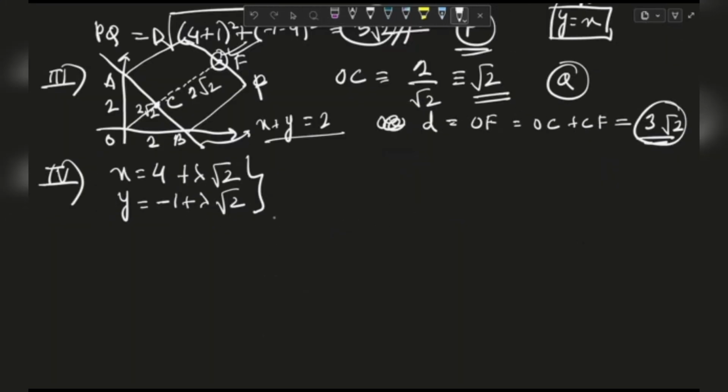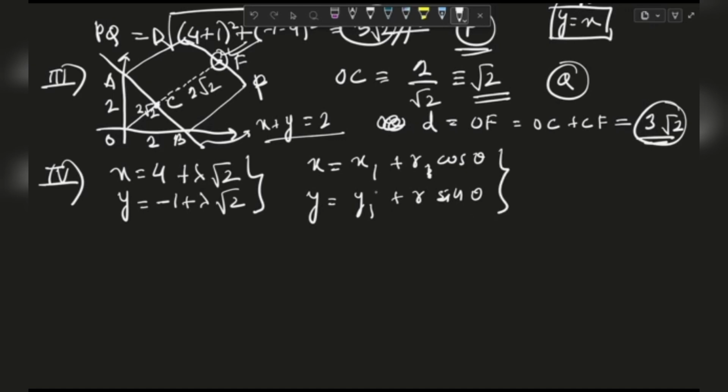So we have to find out the y-intercept from this, and this is pretty simple because as we know x is equal to some x1 plus r cos theta, and y is some y1 plus r sin theta.